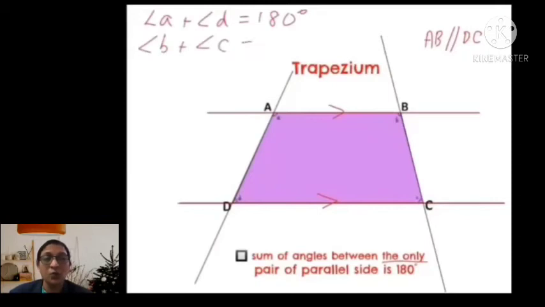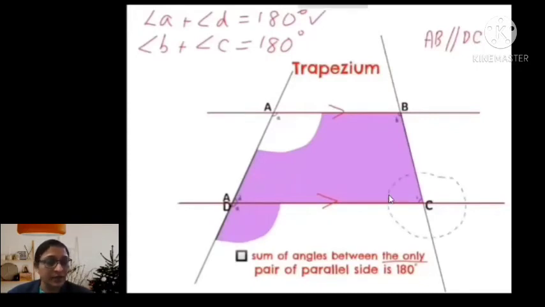The same thing we can prove by cutting one of the angles and keeping it adjacent to the other one to check whether their sum is 180 degrees or not. So here we cut angle A from the interior part and keep it adjacent to the exterior part of angle D to check that it is a straight line angle, that is, 180 degrees is the sum.